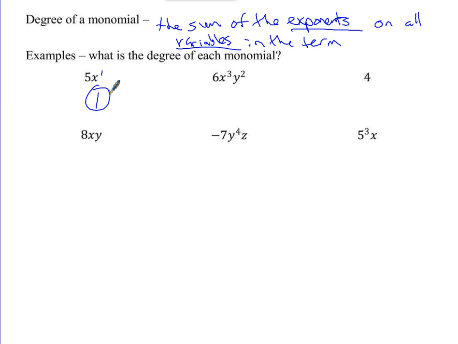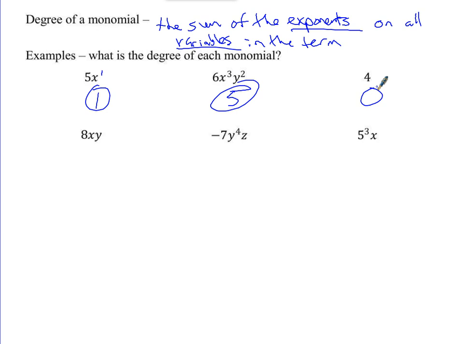What would the degree of the 6x to the 3rd y squared be? 5. Good. Because 3 plus 2 is 5. And what would the degree of the next one be? You are adding up the exponents on the variables. You don't have any variables. So the degree is 0.